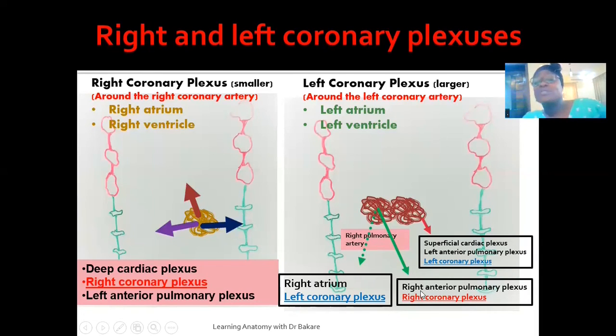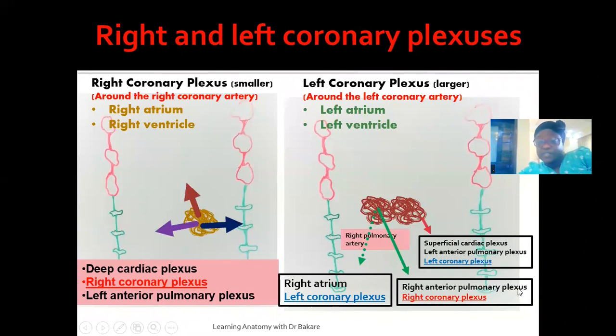So you see that the right coronary plexus is formed by branches from the superficial cardiac plexus, which is highlighted here in red, and also the deep cardiac plexus, which is also highlighted here in red. So you see these nerves coming together to form the right coronary plexus on the right side of the heart, and you see it around the right coronary artery.